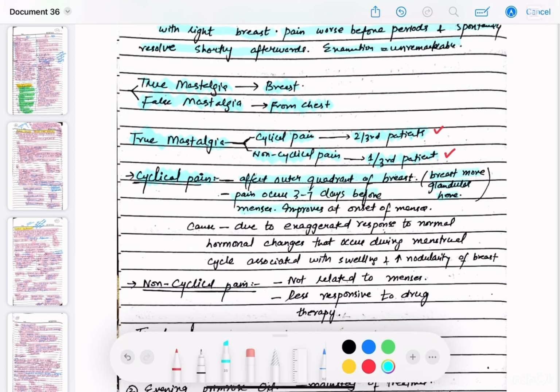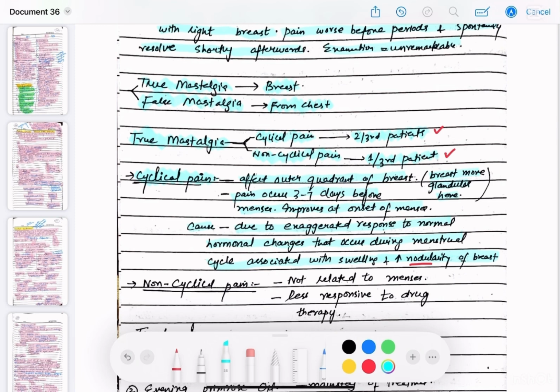In cyclical pain, the pain occurs 3 to 7 days before the periods, and when periods occur, the pain is relieved.